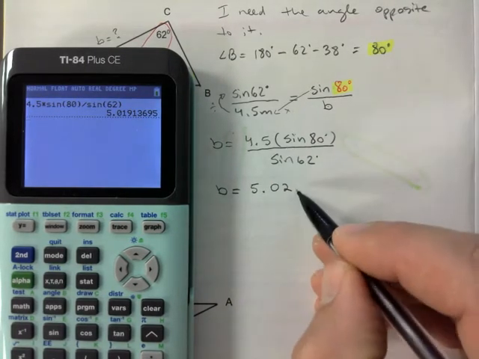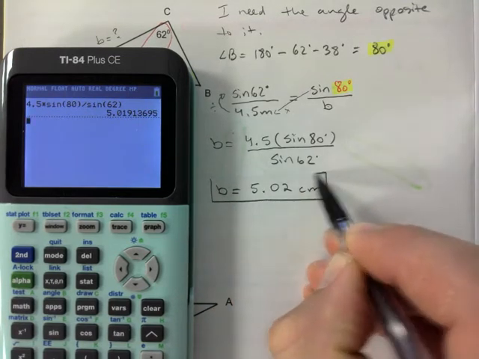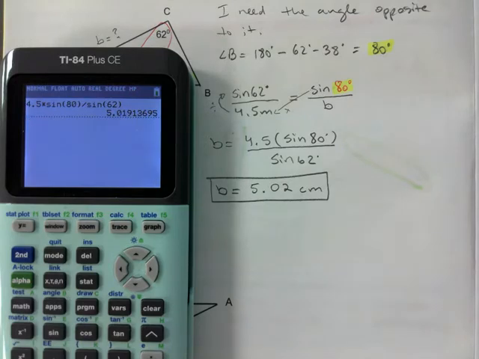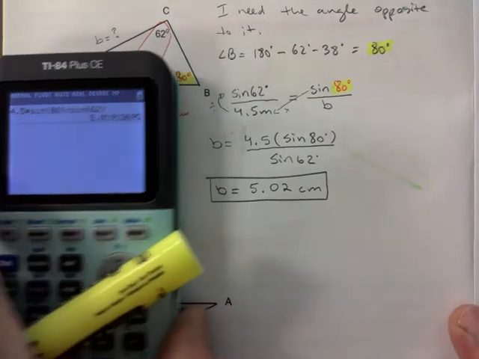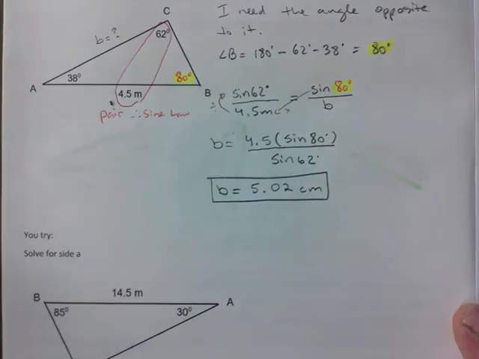And we are in centimeters, right? So you're solving for a side. That is how you solve for it. After one example, I'm already going to get you to try this on your own.